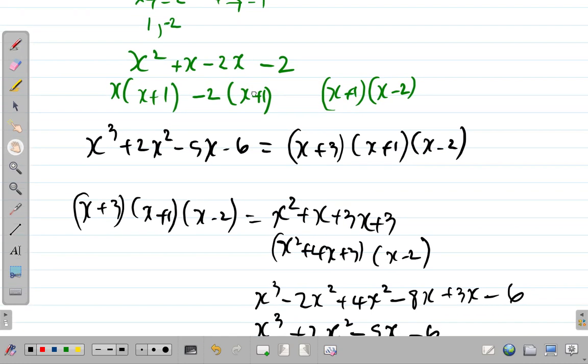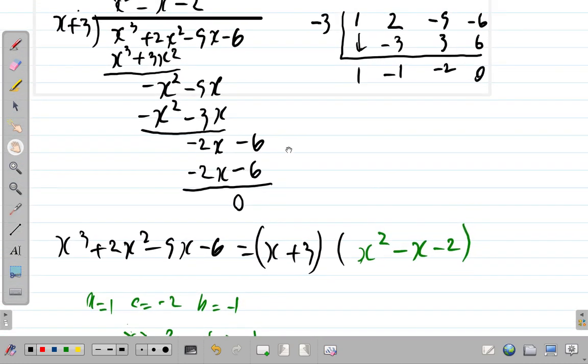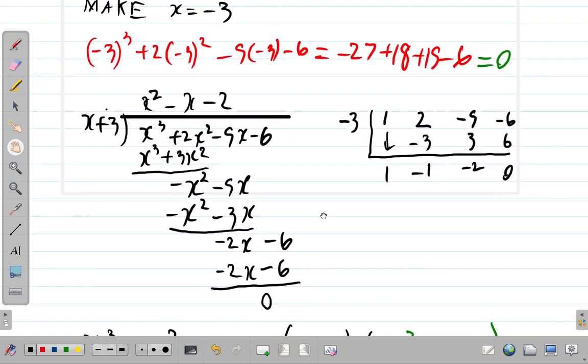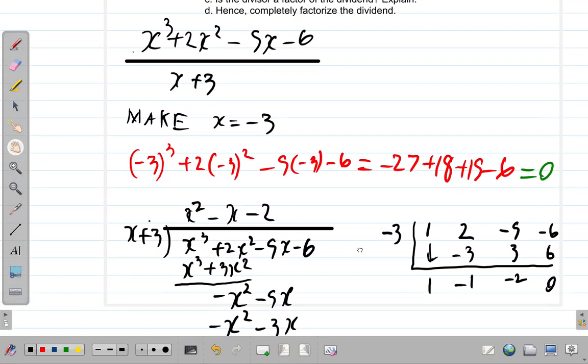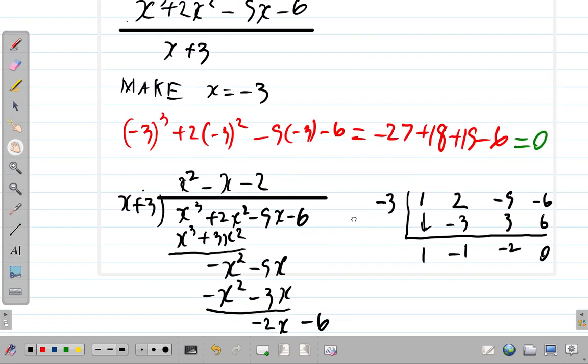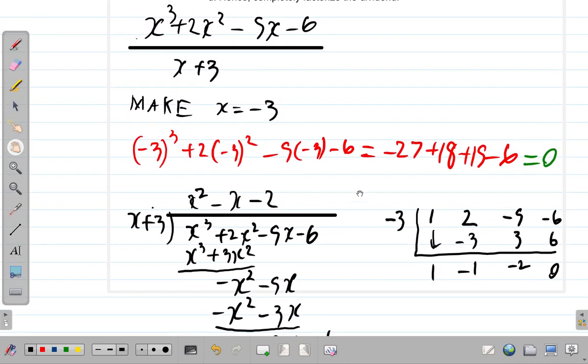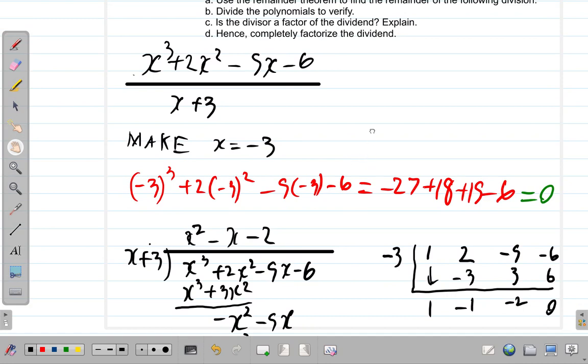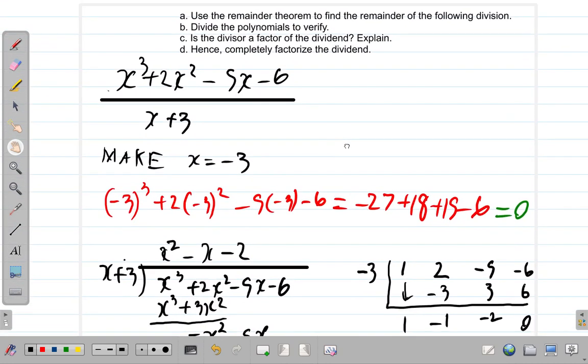Alright, now a final word here. You see that when you did the division, you got 0 for the remainder. This deals with what is called the factor theorem. We'll look at this factor theorem in the next video, so I'll see you.